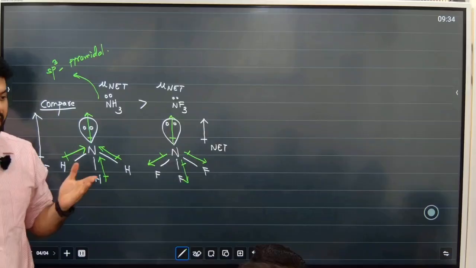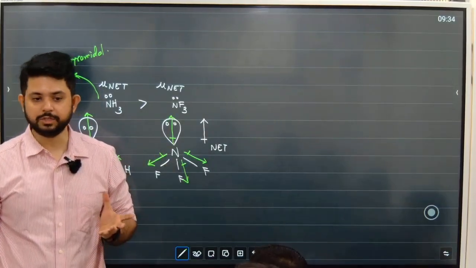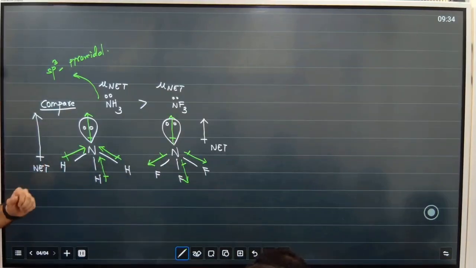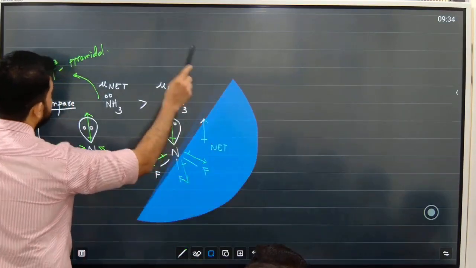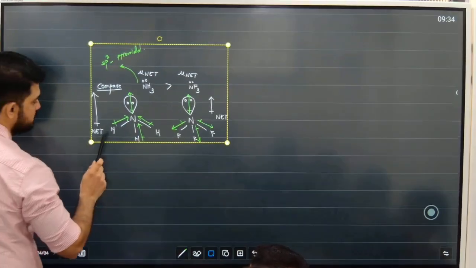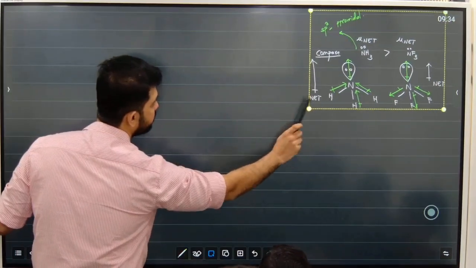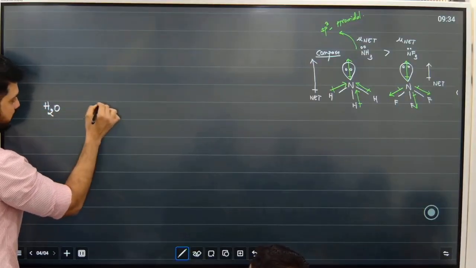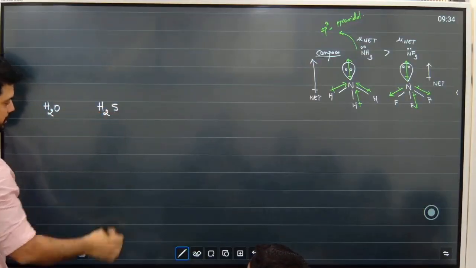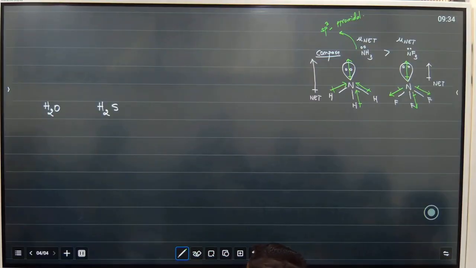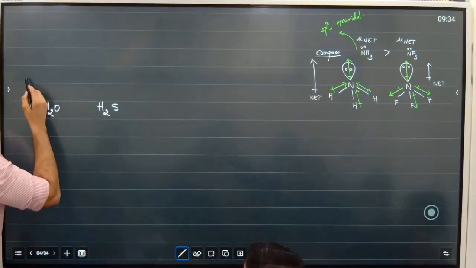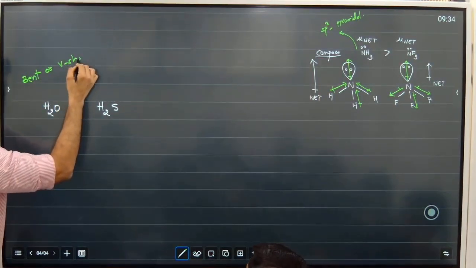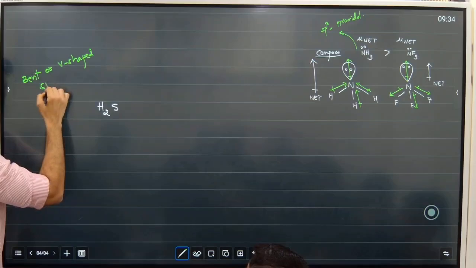So by just having more electronegative atoms in your molecule, you cannot say that a particular molecule will have more dipole or less. Now let's say the next dipole that I want to compare is between H2O and H2S. H2O, what was the geometry? Bent or V-shaped. What was the hybridization? sp3.